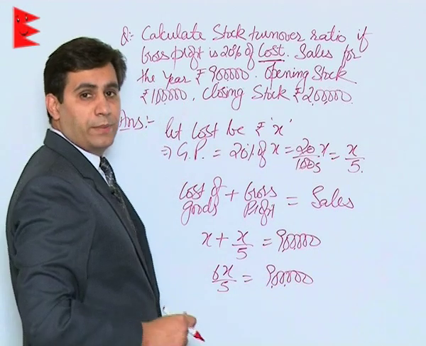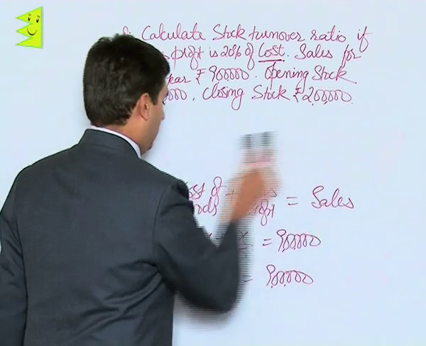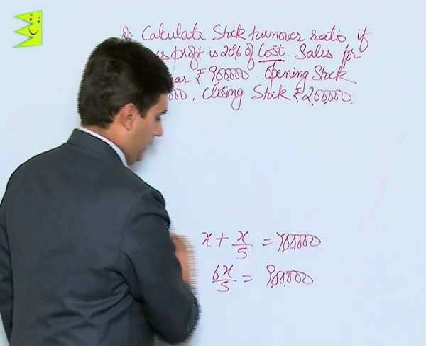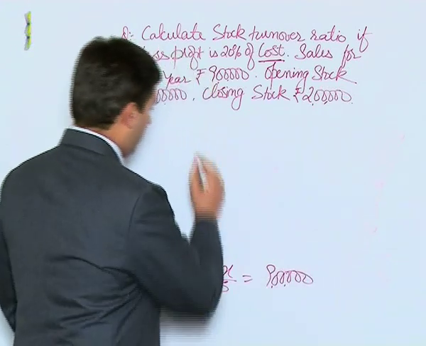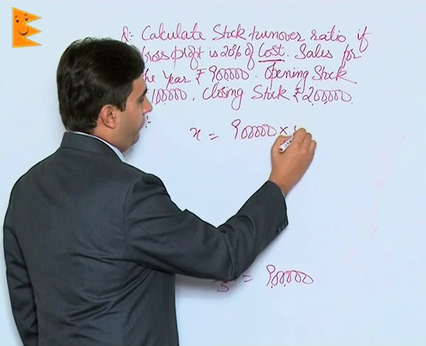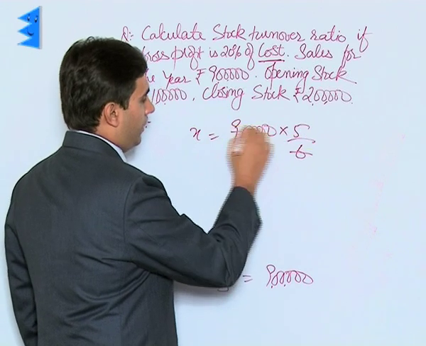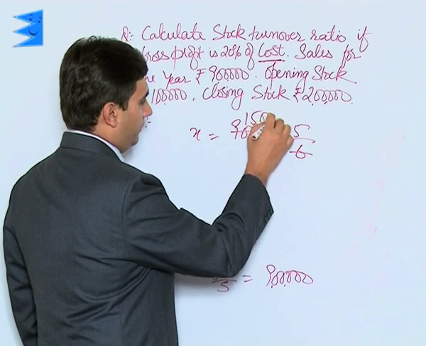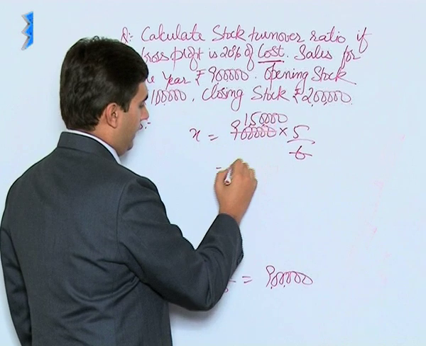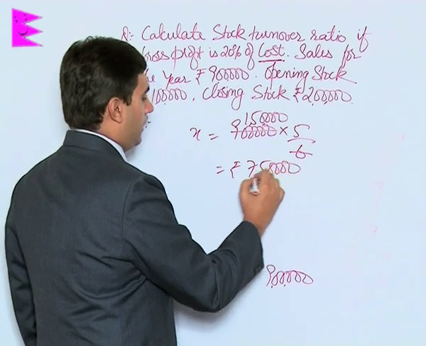Now by cross multiplying this value, we will get X is equal to 9 lakh into 5 by 6. This is 1 lakh 50,000 into 5, which is rupees 7 lakh 50,000.